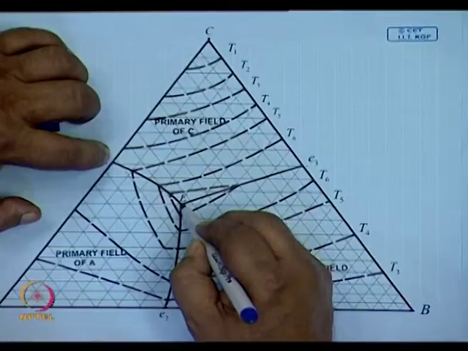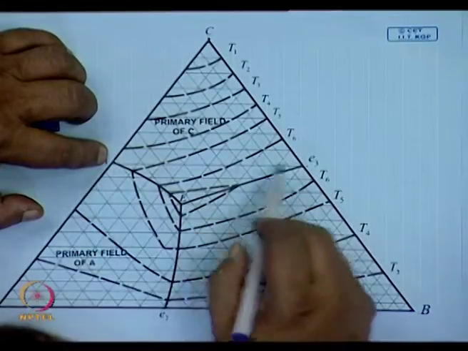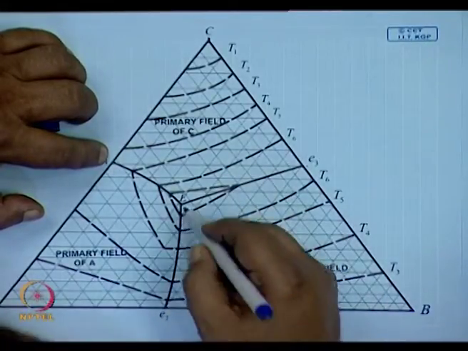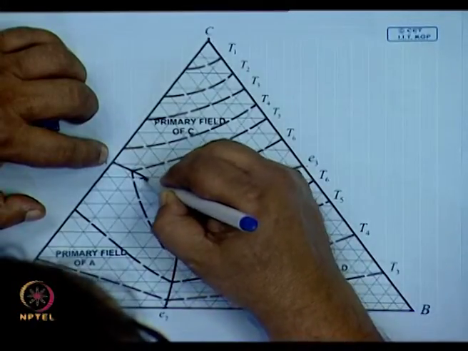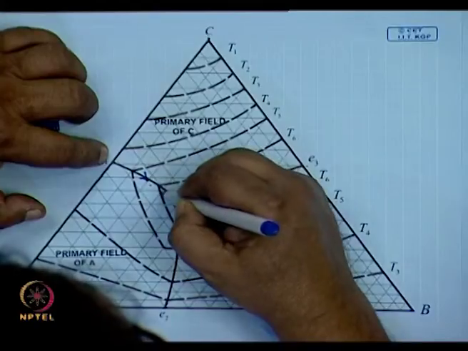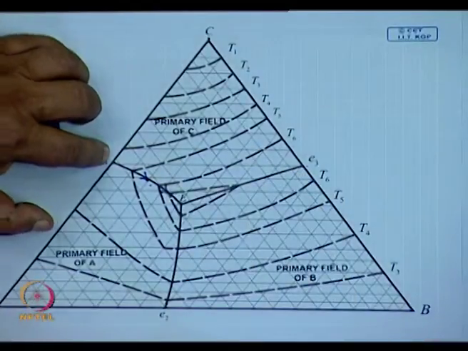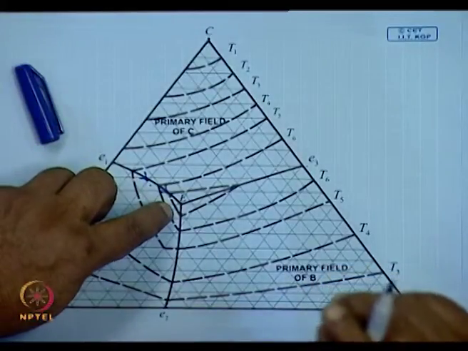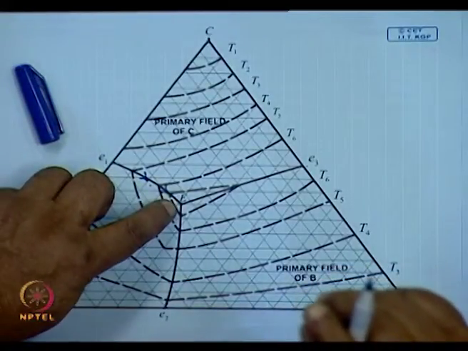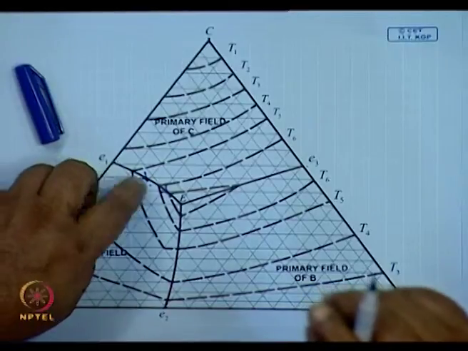This E is the eutectic of E1, E2, E3, and so the temperature is lower. So, I can say that this is the direction of falling temperatures. This line represents the direction of falling temperatures as I go from E1 to E.